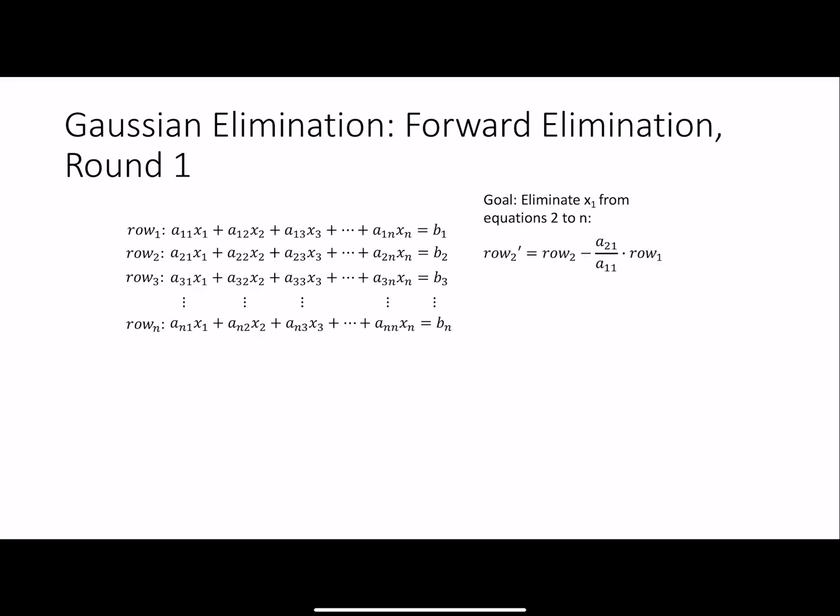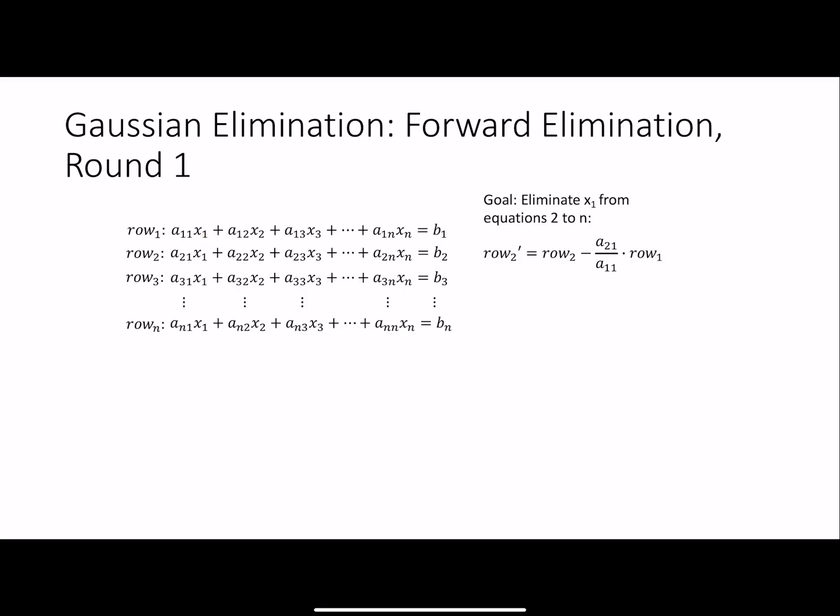So what does that mean? Equation 2 or row 2 now will become equation 2 prime or row 2 prime, and all you have to do is subtract A21 divided by A11, so A11 is our pivot division point, times equation 1.